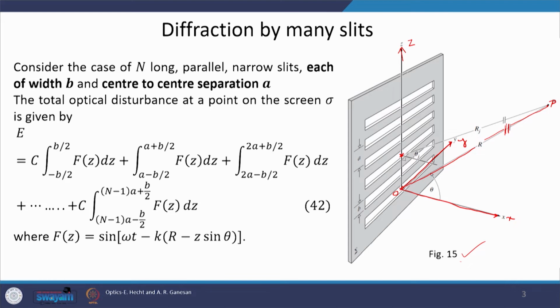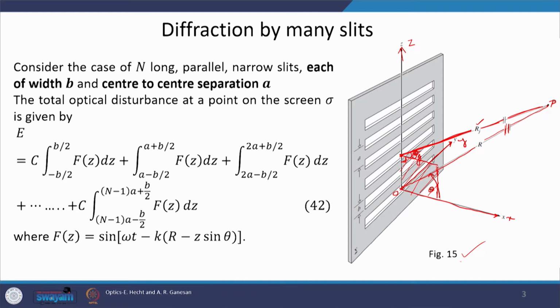From the jth slit the distance of point P is rj, and the line OP is at angle theta from x axis, while this rj makes an angle theta j from a plane. This plane is the xz plane. The shaded region is the xz plane, and with this plane the line of length rj is making an angle of theta j.